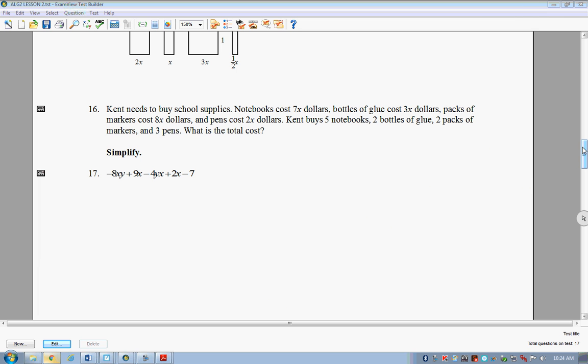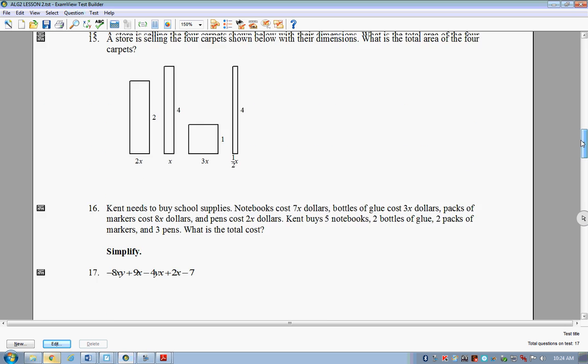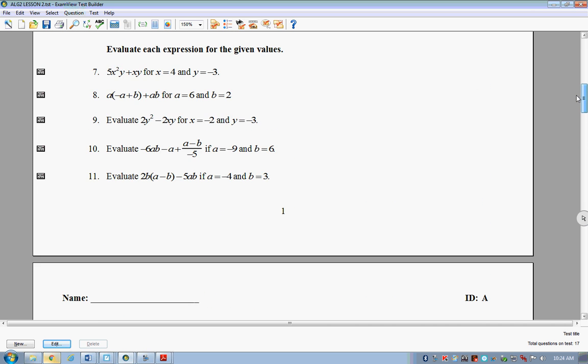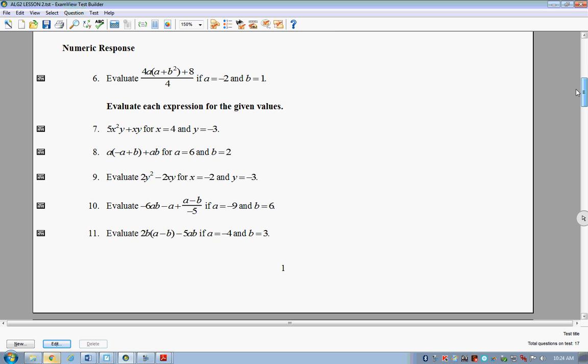Somebody else have a question that they want looked at? You think that you would struggle if you had to do it all on your own? Take a quick look. Do we all feel comfortable with like a number 12 or a number 6?